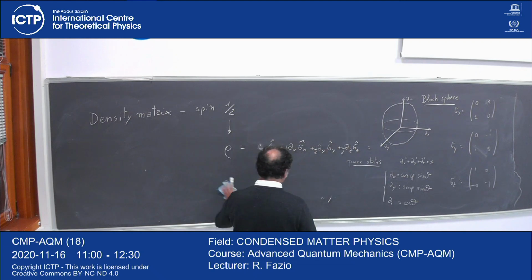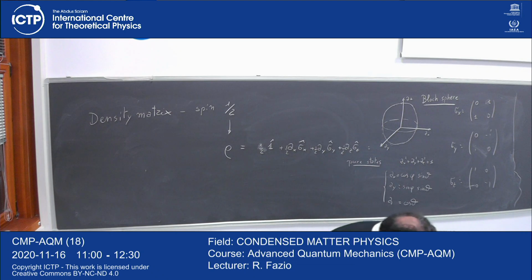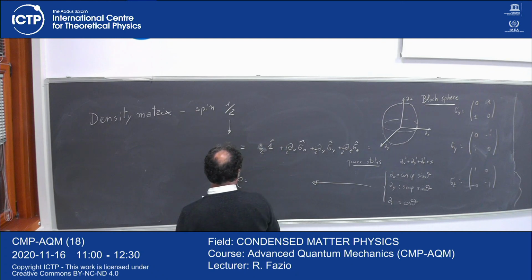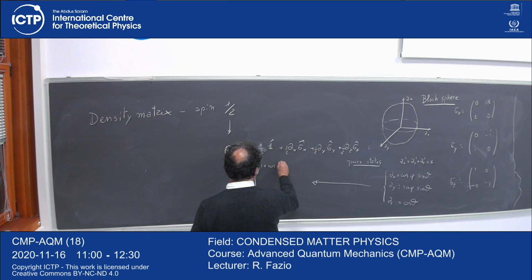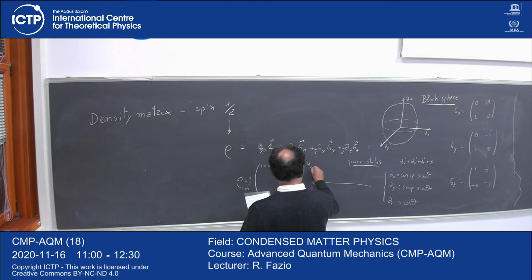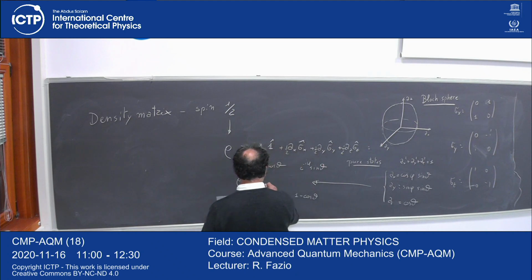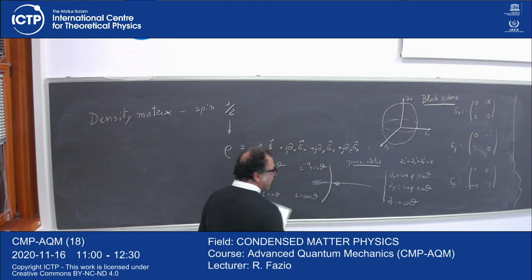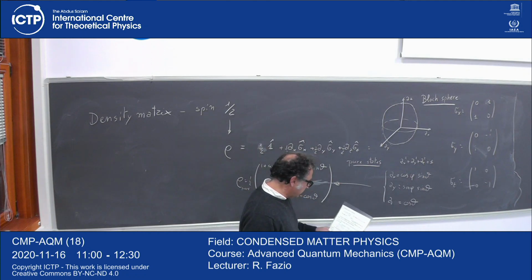In this particular case, rho pure is 1/2 times the matrix with 1 plus cos theta, 1 minus cos theta on the diagonal, and e to the minus i phi sine theta and e to the i phi sine theta off the diagonal. I suggest that you do the calculation yourself.